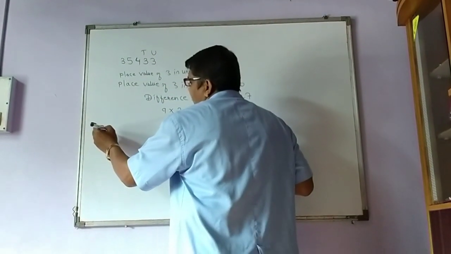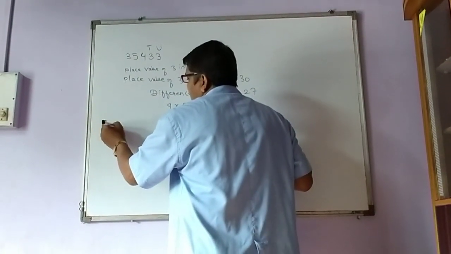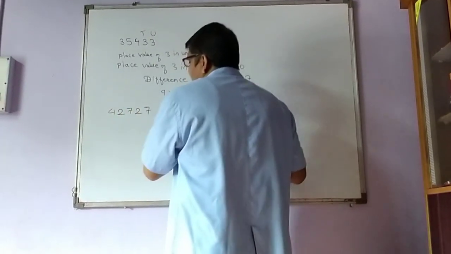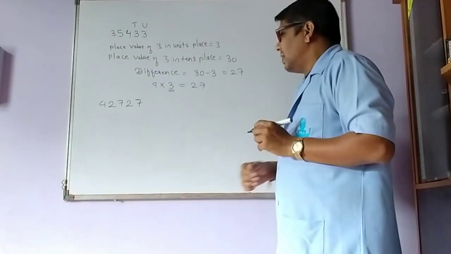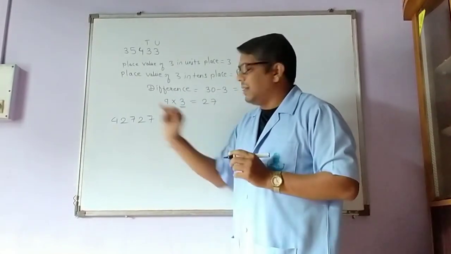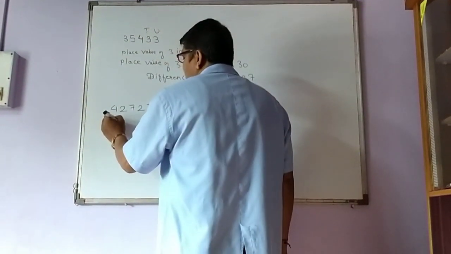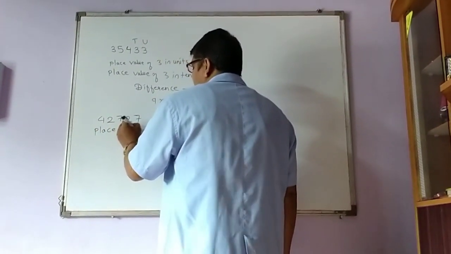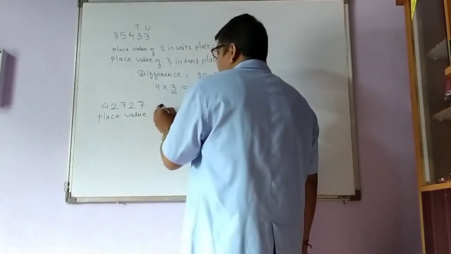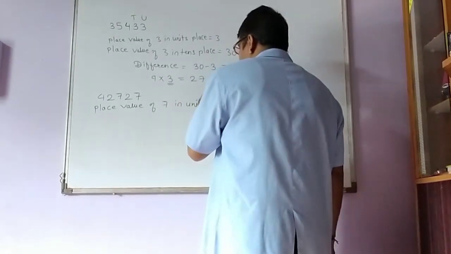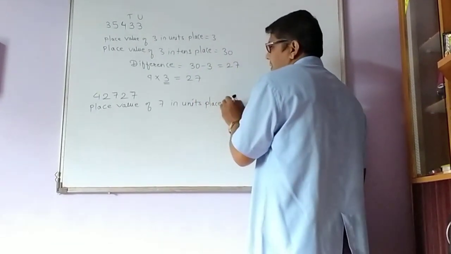For example, now I have got another number. In the units place I have got 7 and in the hundreds place I have got 7. So the place value of 7 in units place, what is it? 7.